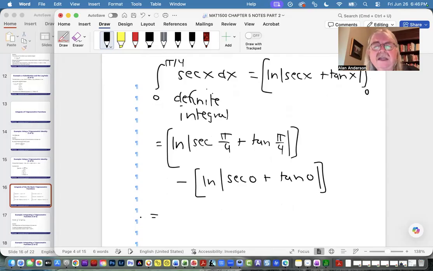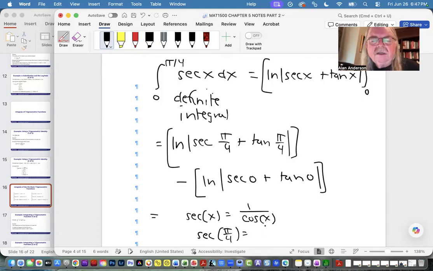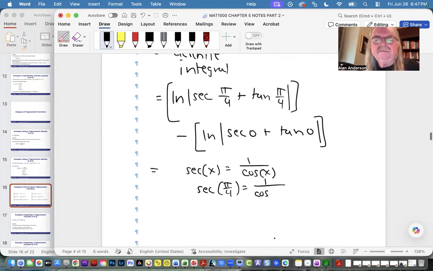The calculator doesn't have a secant button, but be aware that what you're going to do here is take 1 over the cosine of pi over 4.